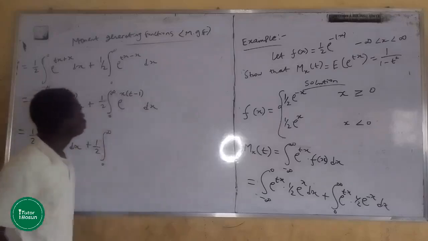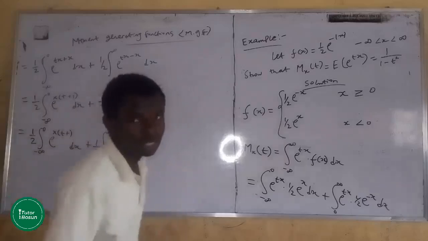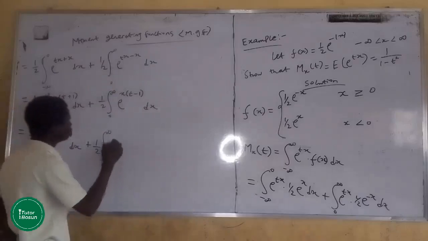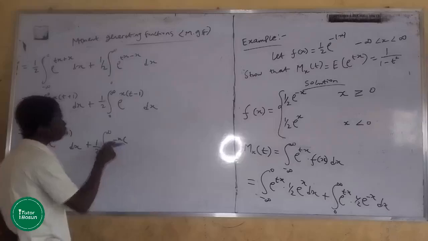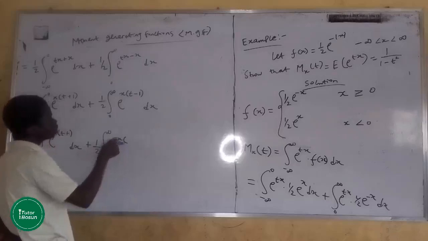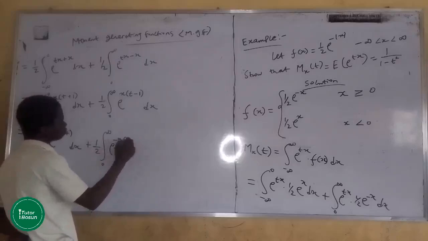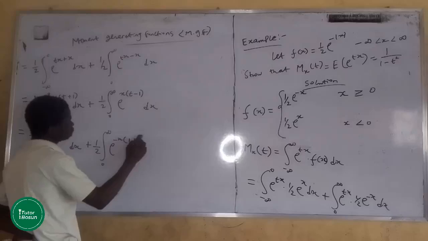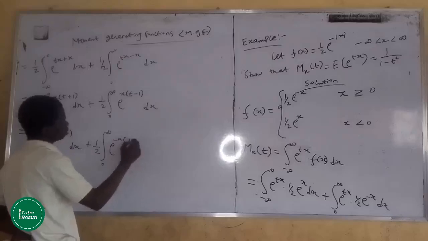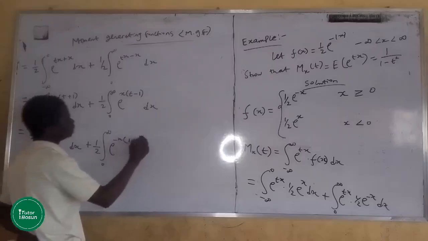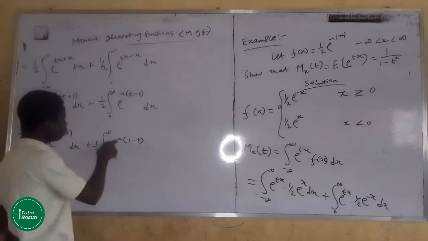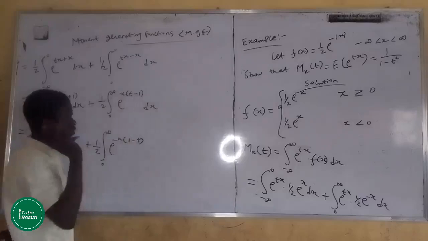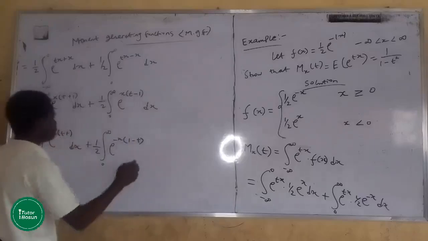How do we make x become minus x so that we can have minus infinity? Let's introduce minus, so we have exponential minus x into 1 minus t, because if you bring in minus back, this becomes minus 1 and this becomes plus t, dx.